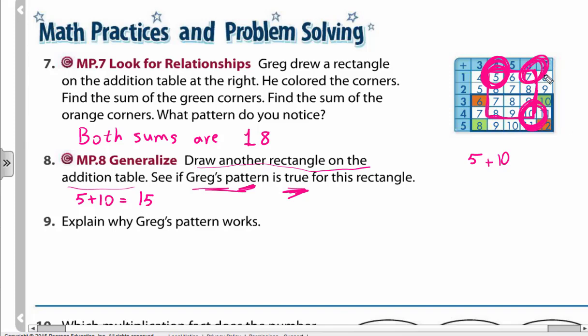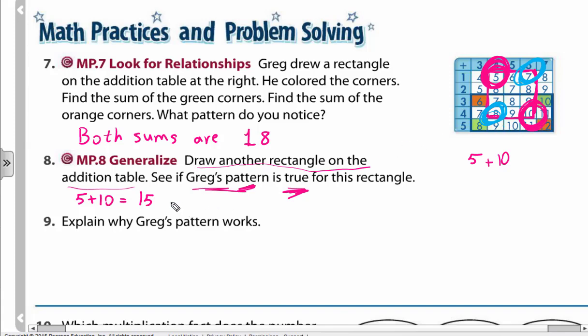Here we have 7. Okay, I should choose another color for this one. This 7, and on the other side we have 8.